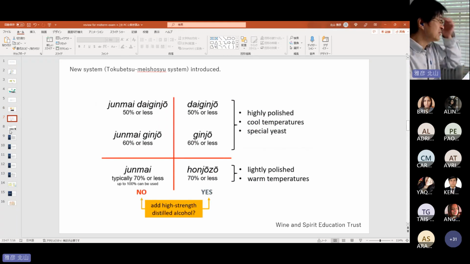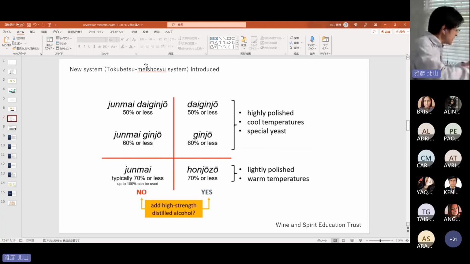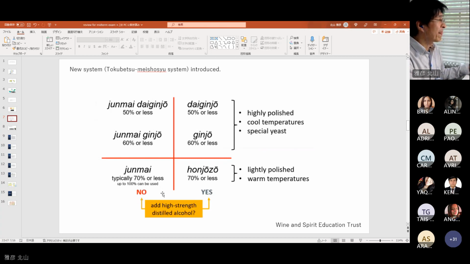So I made some questions regarding this slide. You can memorize: we can classify sake with or without the addition of distilled alcohol.